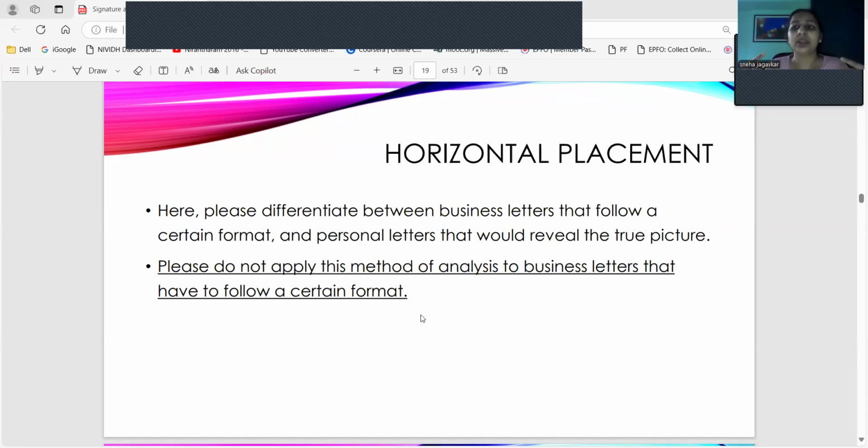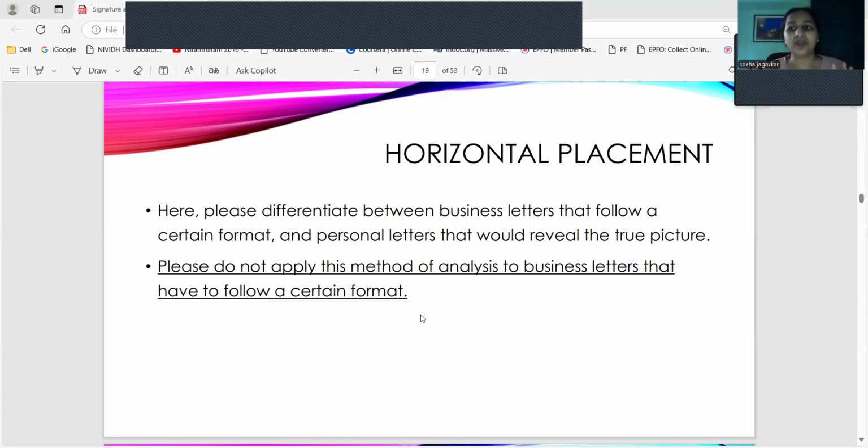It is a skill that we need to develop over a period of time, and it is an art that we need to develop. It is not some kind of science that we are developing. Science is knowing the positive and negative traits of the person, but how and what to convey to the person, this becomes the art. So this is the science, and over a period of time, this becomes the art, right?